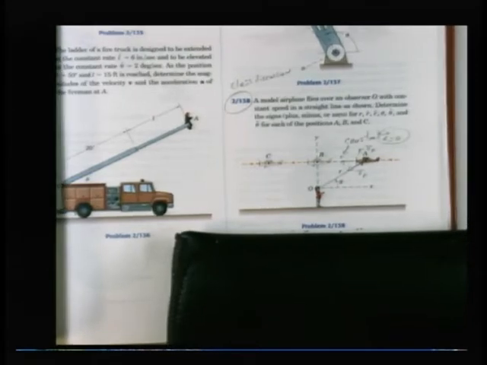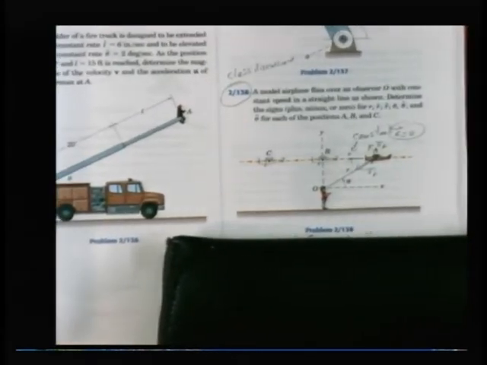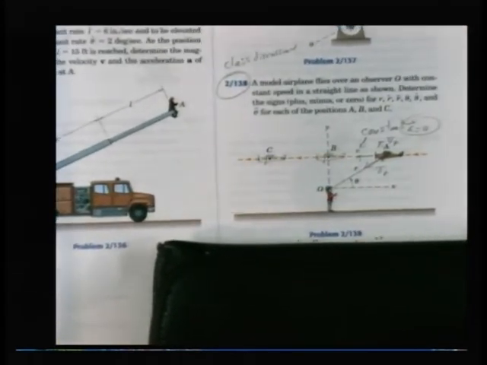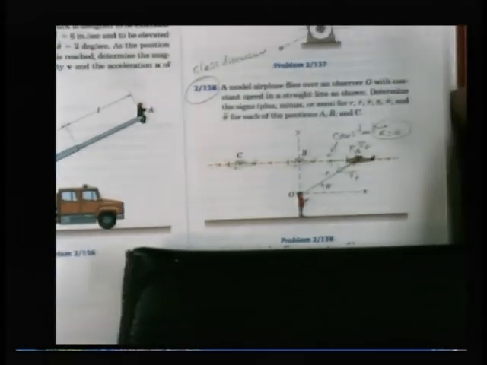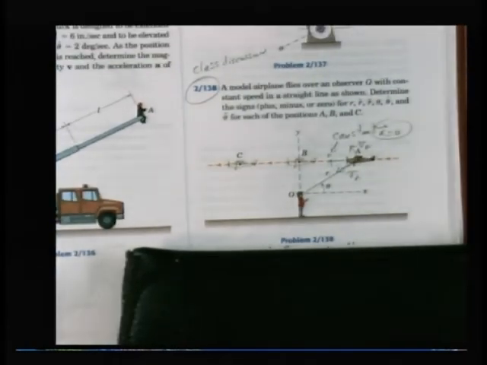I'm going to zoom in a little more on this. They describe to us that the plane is traveling in a straight line as shown at a constant speed, which means that the plane's acceleration is 0.